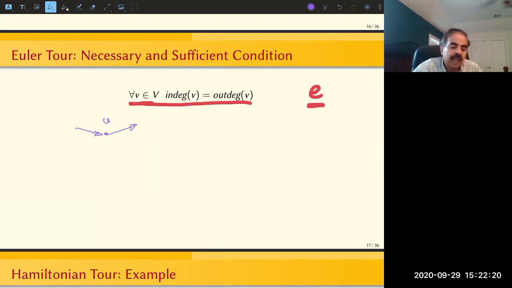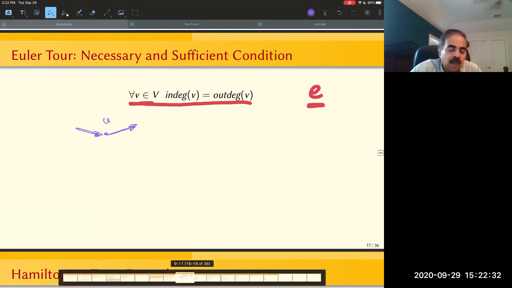So every time you arrive at a vertex V, you should be able to leave it unless you have already used up every edge out of vertex V, right? So if you arrive at V and then you have used up all the edges, that means you basically completed a circuit, right?